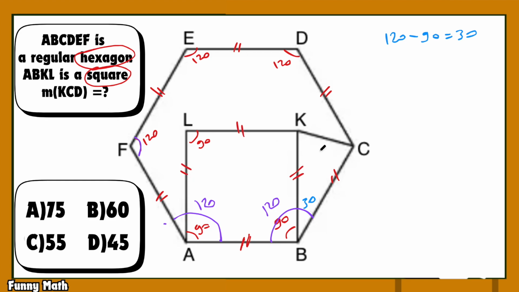When we mark, we see that this triangle is an isosceles triangle. Then two angles are equal.